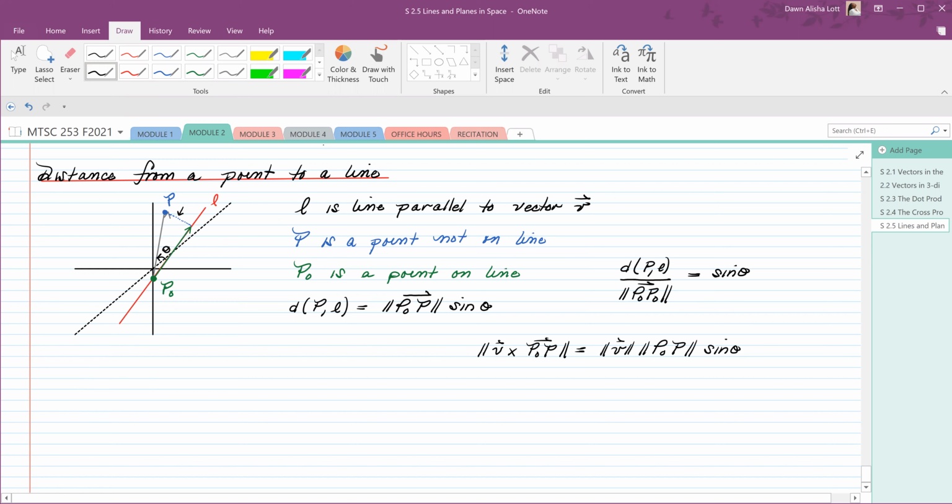So I'm going to solve for this P naught P sine theta part, and I'm going to put that in. So therefore I get the distance from P to L. In the place of P naught P sine theta, I'm going to put the length of V cross P naught P and then divide by the length of V. So that's the distance from a point to a line.